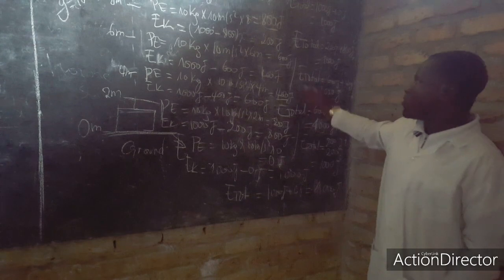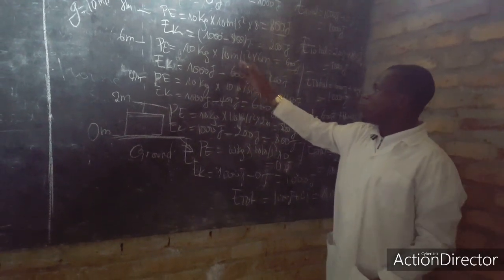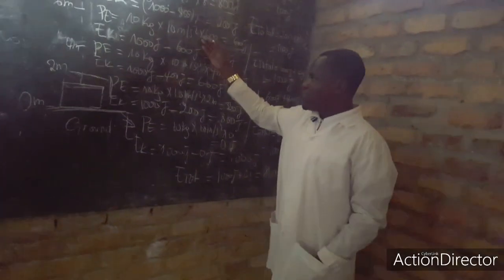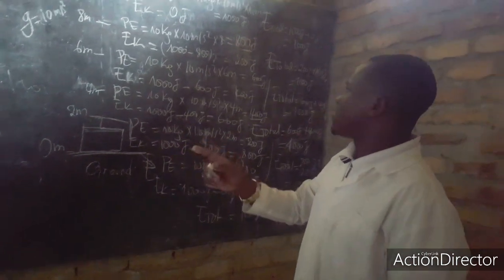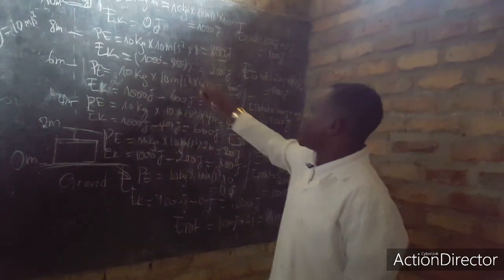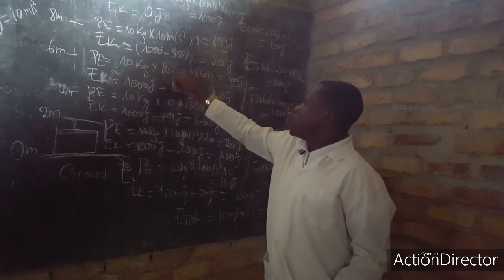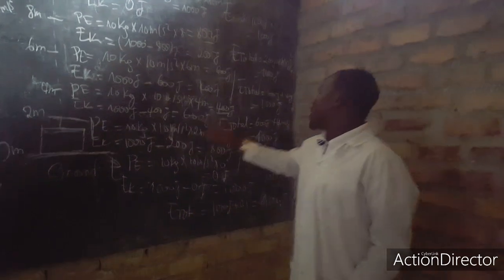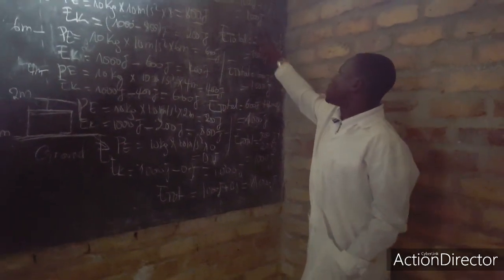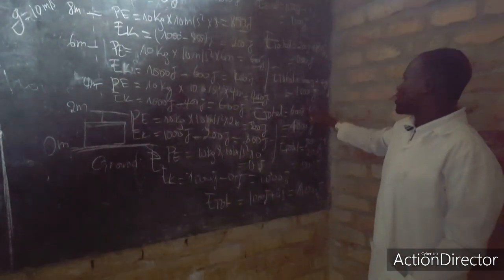So from this example that we have demonstrated, it is clear that, as the law of conservation states, the potential energy was being converted to kinetic energy, but the total amount remains constant.